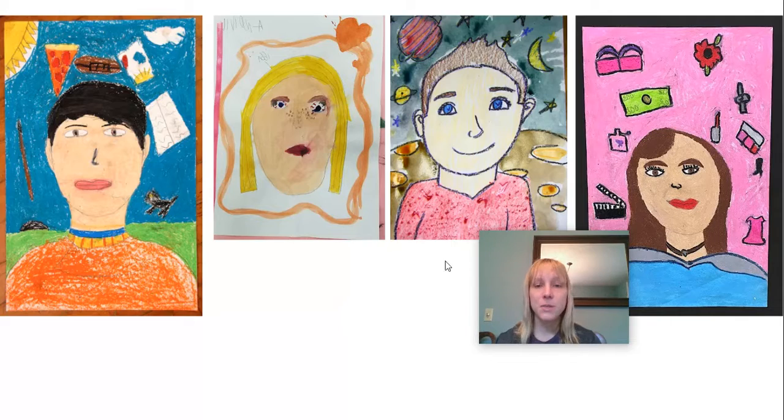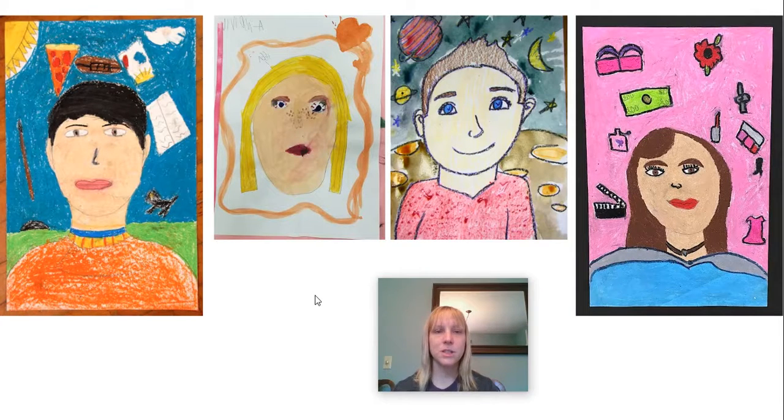So when we look at some of these example portraits from students, what do you think they are expressing in their portraits? They have their heads drawn, their faces, their eyes, their nose, their lips, their hair. But then all of these portraits also have some additional stuff to express something about them.